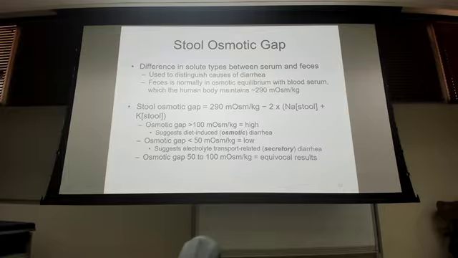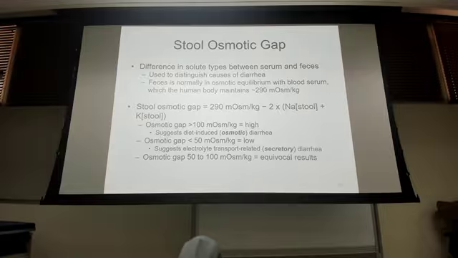And remember, the osmotics resolve with fasting, but the secretory, when you do your osmotic gap, it's going to be less than 50, and secretory causes for chronic diarrhea are going to persist even with fasting. So I would know the number cutoffs for the osmolarity gap, or the stool osmotic gap. 100 or more, chronic diarrhea is osmotic.